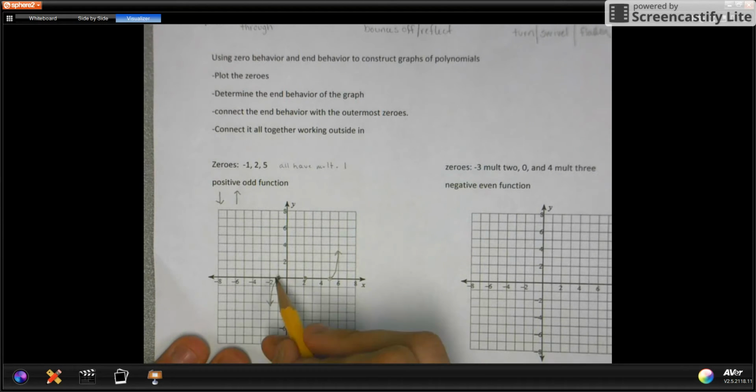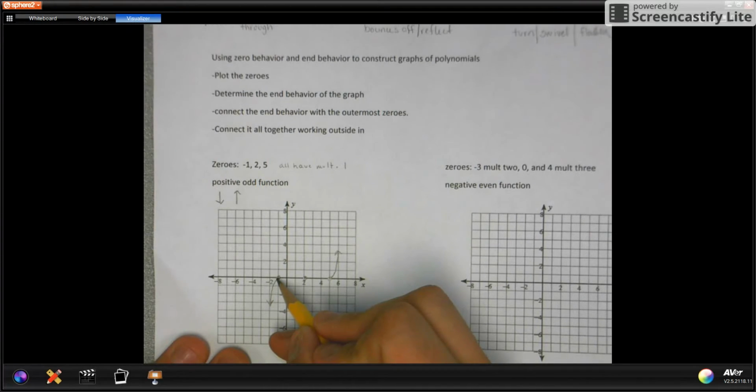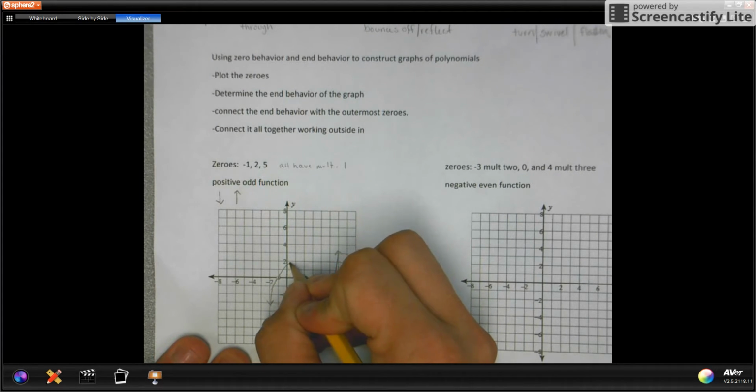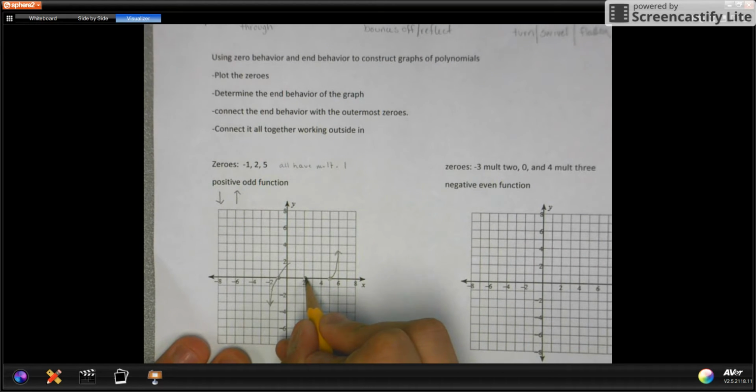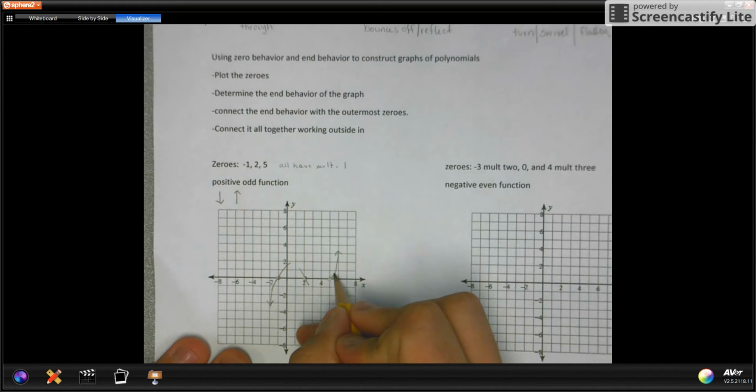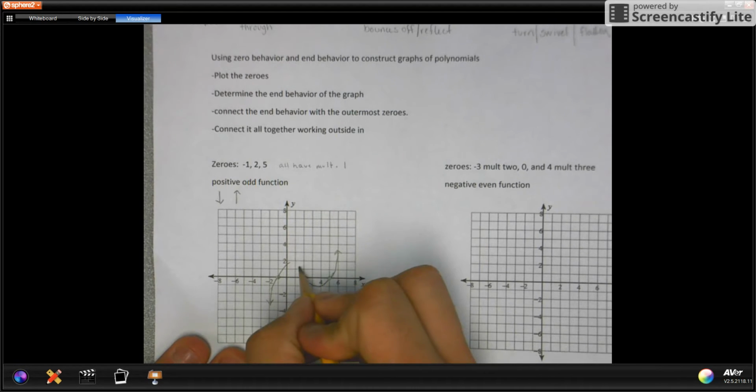Now I'm going to think about the multiplicity. I know that when I have a zero with multiplicity of 1, it goes through the graph. So here we go. Then I think about this zero as well. It has a multiplicity of 1, which means it's going to go through. And this zero also has a multiplicity of 1, so that means it's going to go through. Then you just think about how it would connect.